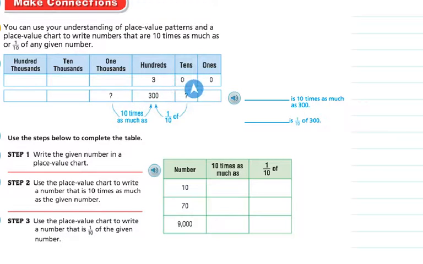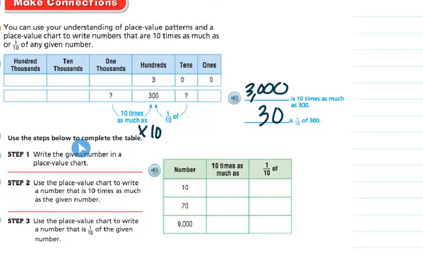So if it's 10 times as much, this is going to move over one place value and become, that's right, 3,000. Because we're multiplying by 10 when we move to the left. Next, it says blank is 1/10 of 300. So if we have 300 and we multiply it by 1/10, it moves to the right one place value and it gets smaller, and our answer is 30.